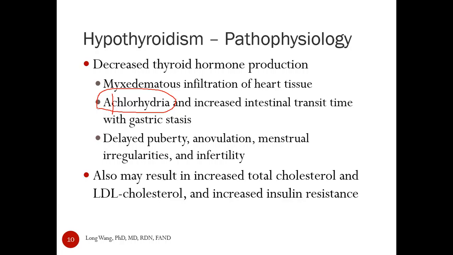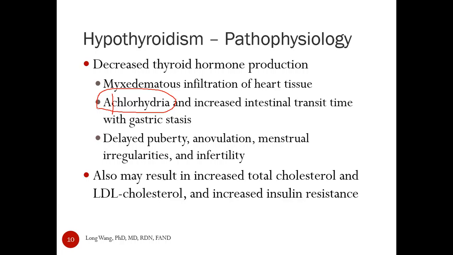In the reproductive system, people with hypothyroidism can experience delayed puberty. For girls, they may have anovulation, and for women, they may have irregular menstrual cycles. And for both male and female, they could have resulting infertility.